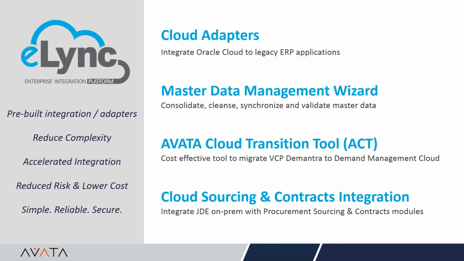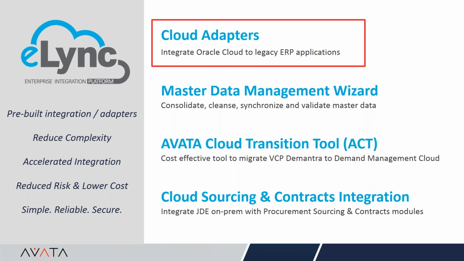At the end of the day, when we start talking about component add-ons to JD Edwards, one of the big questions that tends to come up is, how do we close the loop between the cloud and JD Edwards? From an integration perspective, AVATA has put quite a bit of work into developing PaaS solutions for building out cloud adapters to help us close those loops.